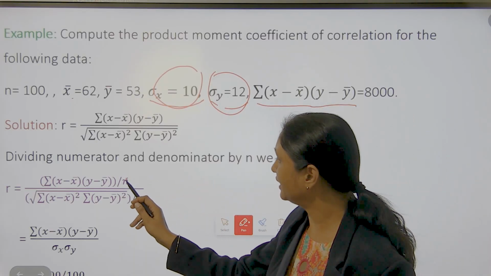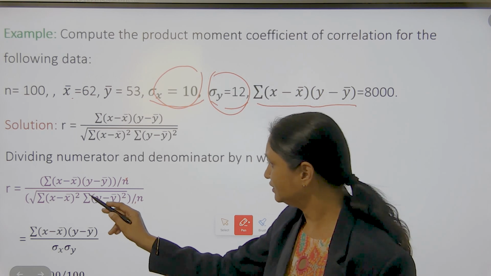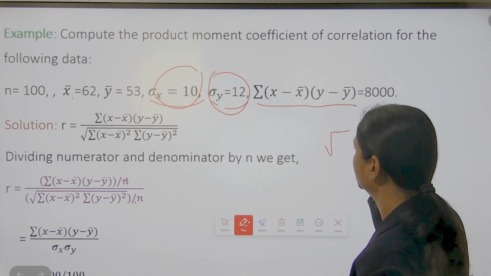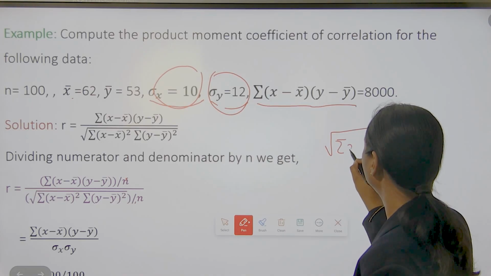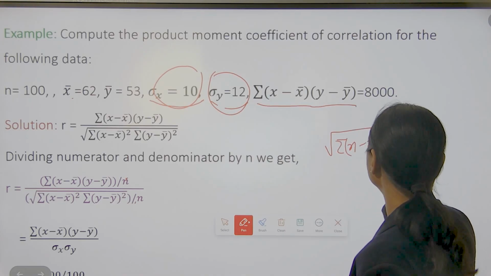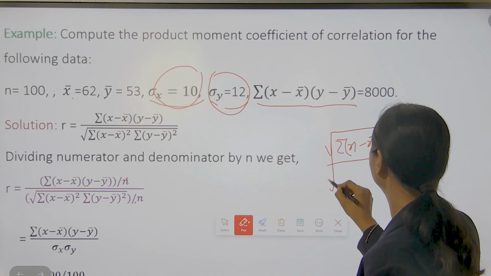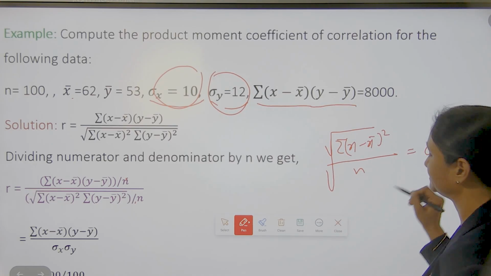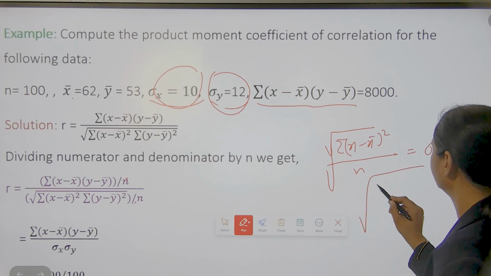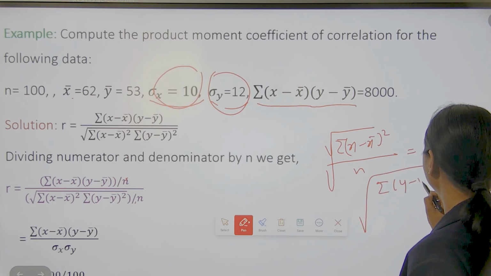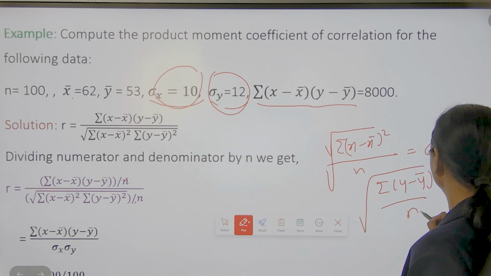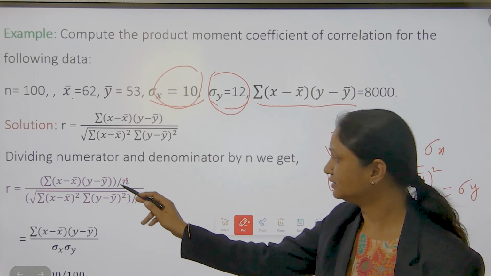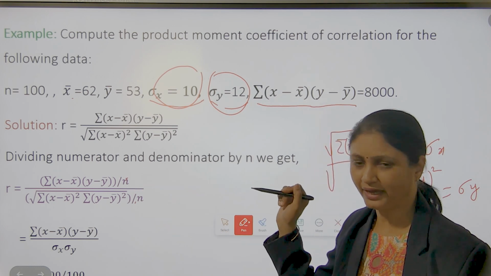So square root of summation x minus x bar square upon n is equal to sigma x, and square root of summation y minus y bar whole square upon n is equal to sigma y. That's why we have divided the numerator and denominator by n.